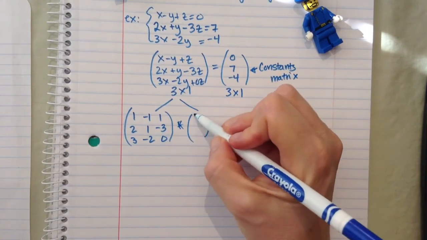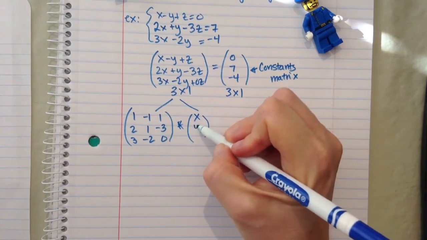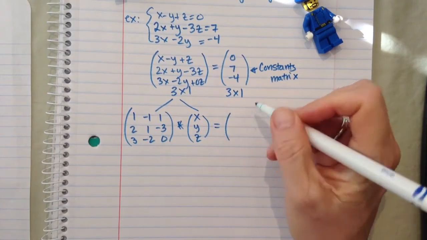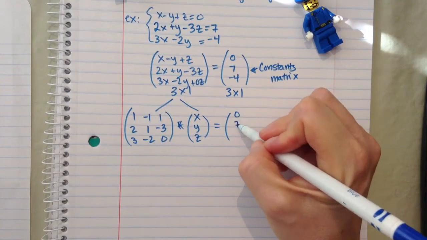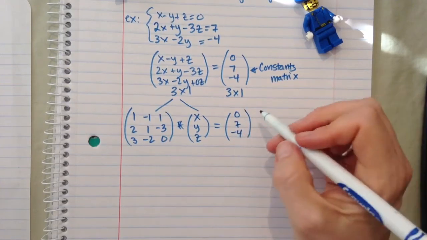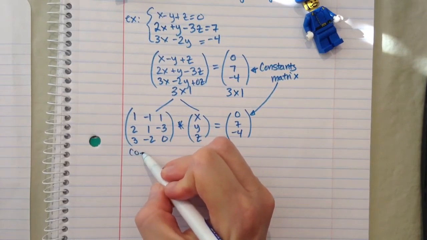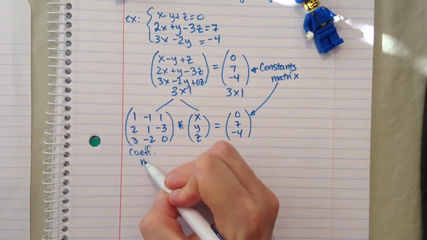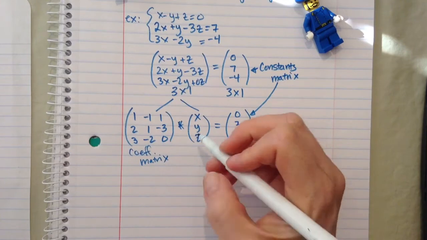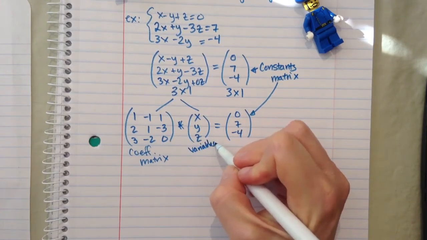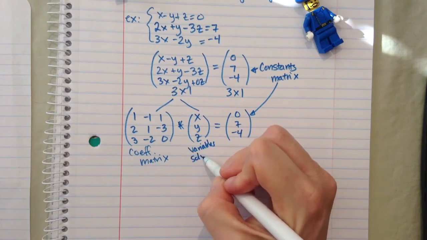And this one holds the solutions, which for right now are just called x, y, and z, and that will equal the constants matrix. So this is the constants matrix, this is the coefficients matrix that we're familiar with, and we can think of this as the variables or solutions matrix.